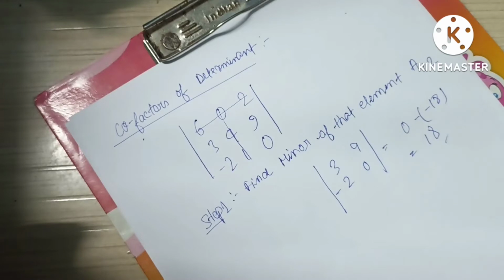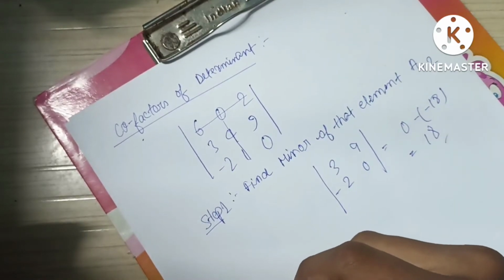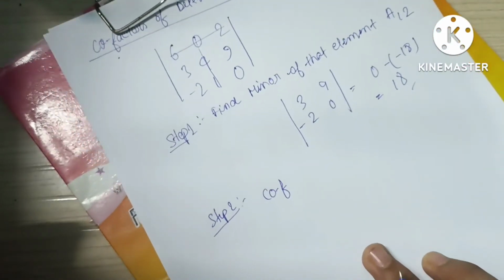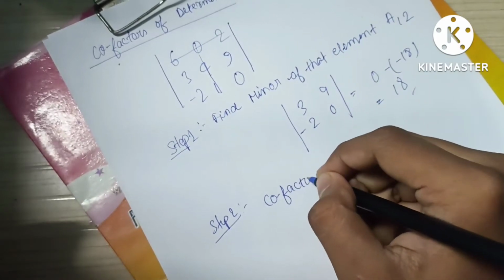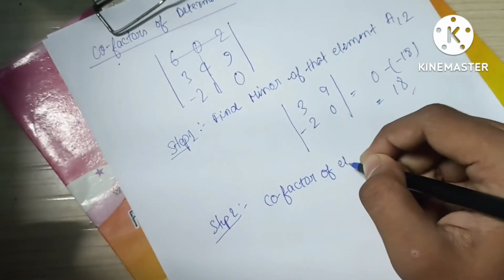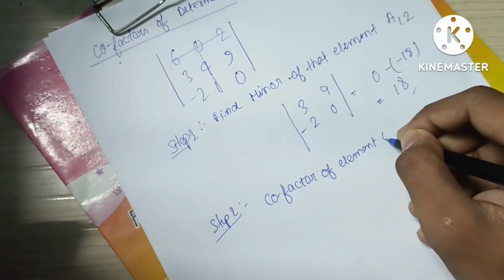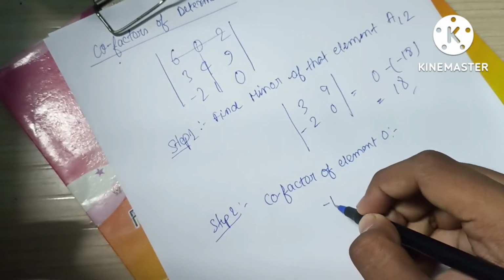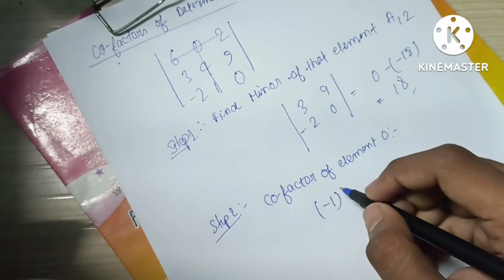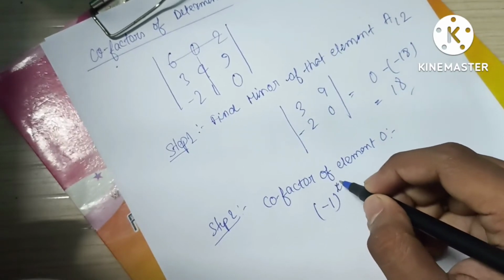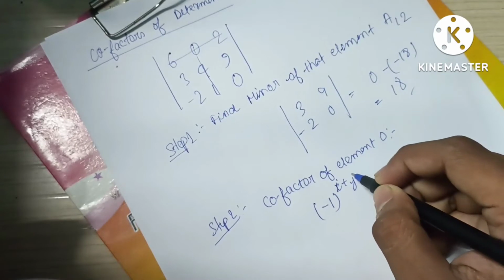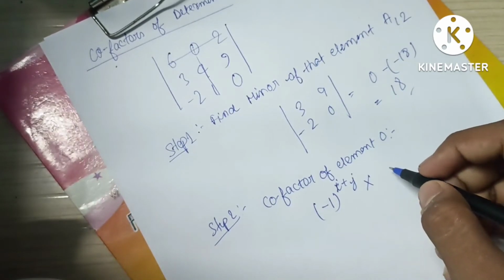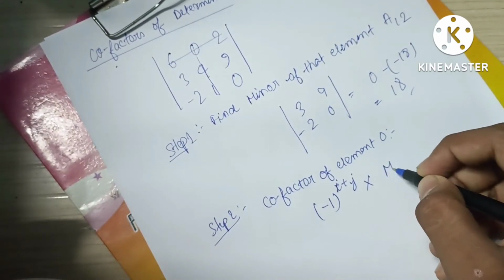Now how to calculate the cofactor of that element? Step 2: the cofactor of element A_ij is equal to -1 to the power of row i plus column j, multiplied by the minor of the element, say M1,2.